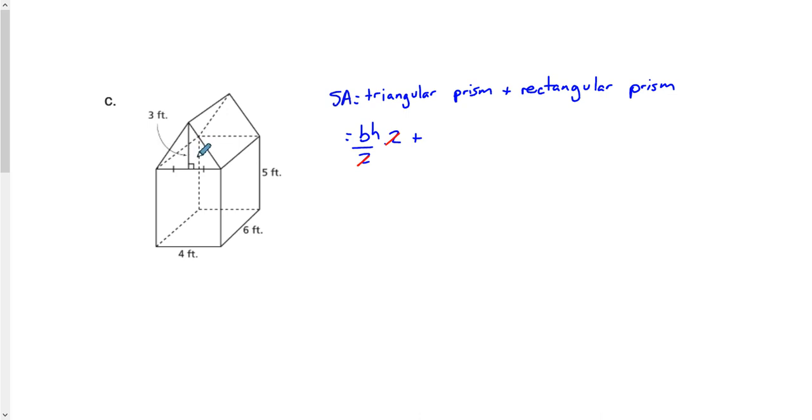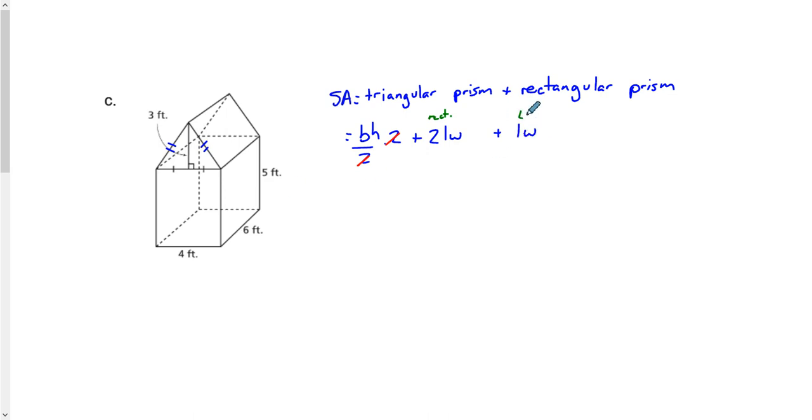It doesn't specifically say, but because of our height and because this side is the same as this, these two sides would also be the same. Now it's not going to be the exact same as this. So that's something that we're going to have to calculate. Well, we'd still have 2 length times width. For our rectangular prism, that's the rectangle part. For the rectangular prism, we have a left and a right.